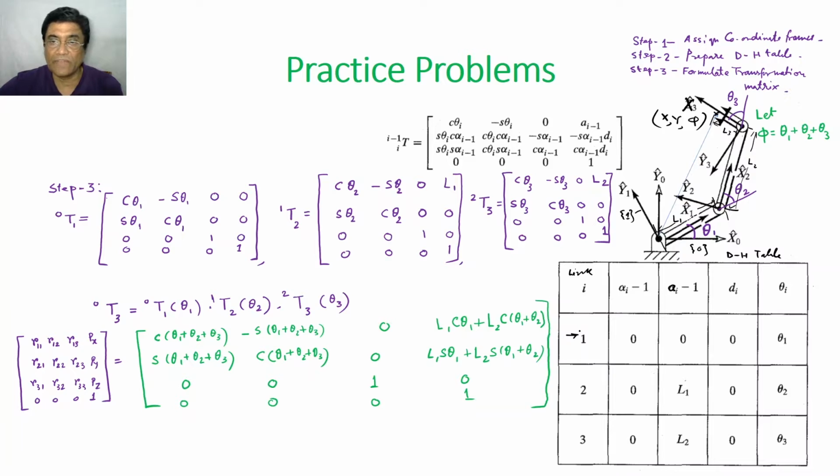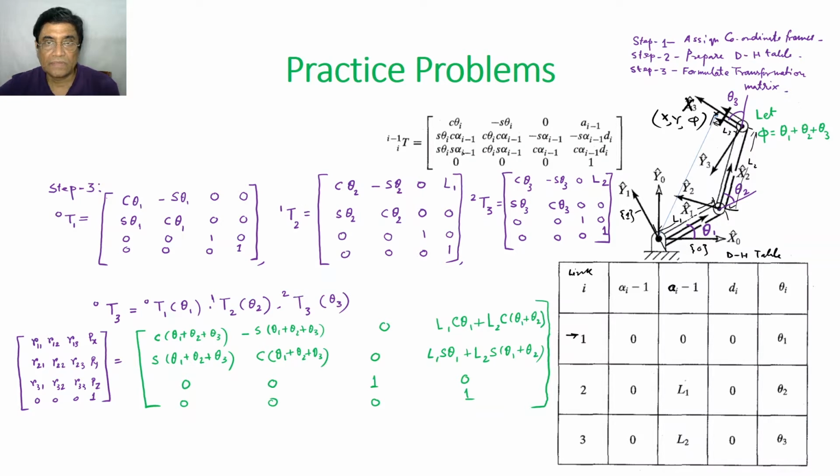So you put all the values here. So cos theta 1, minus sin theta 1, 0, a 0. Then since cos 0 is 1, sin theta 1, then cos theta 1, 0, 0, because sin 0 is 0, and d i of 0.